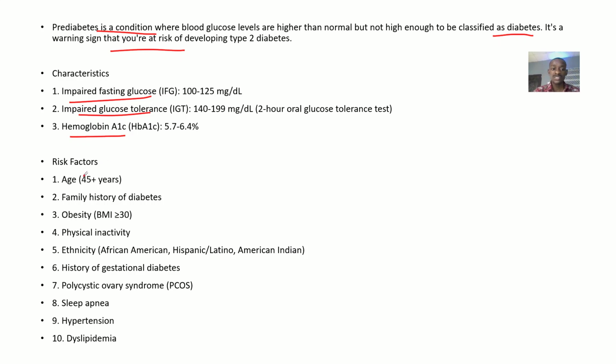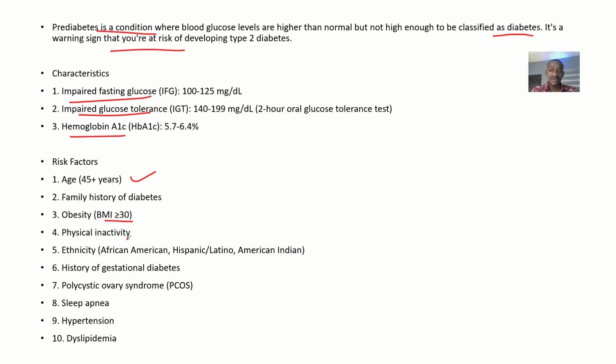So what are the risk factors? These are things that will make it easier for you to develop a pre-diabetic condition. If your age is 45 years plus, if you have a family history of diabetes, if there's obesity, that's your BMI, body mass index, above 30.